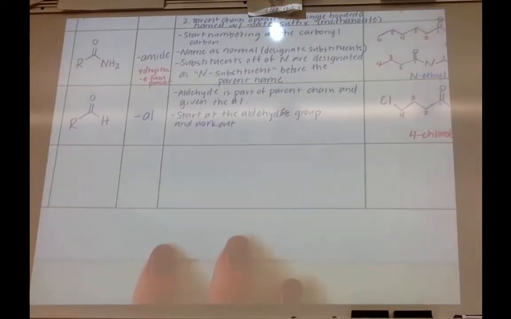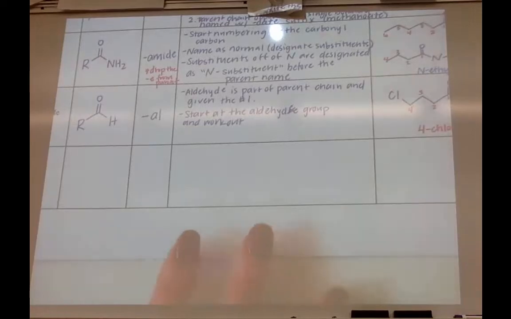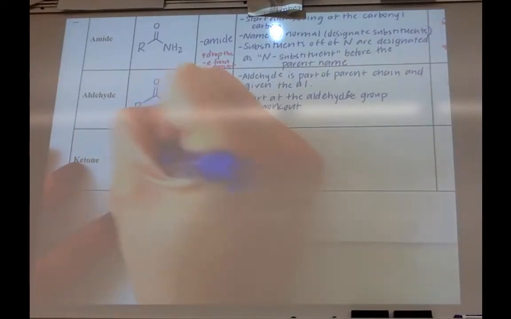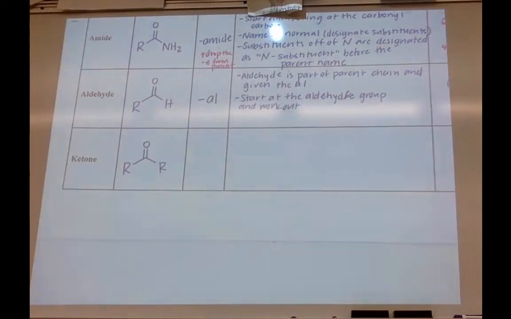Okay, then we look at ketones. So notice how all of these so far have had carbonyl carbons in them. That helps to give priority. So a ketone, you distinguish a ketone because of that carbonyl carbon.